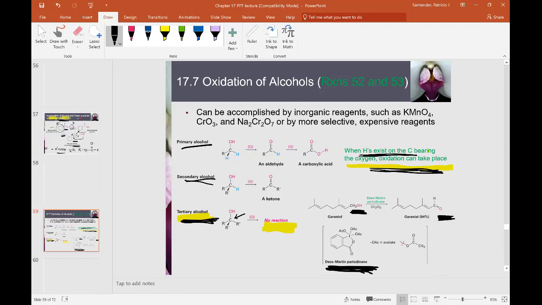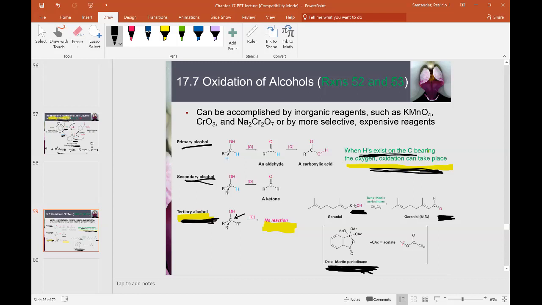aldehyde. In some way, this is an issue similar to the reductions of alkynes. You recall that in the reduction of the alkynes, if you were using hydrogen and palladium, you have to go non-stop all the way from the alkyne to the alkane. But if you were using hydrogen and Lindlar catalyst, in that case, you were able to stop at the level of the alkene.